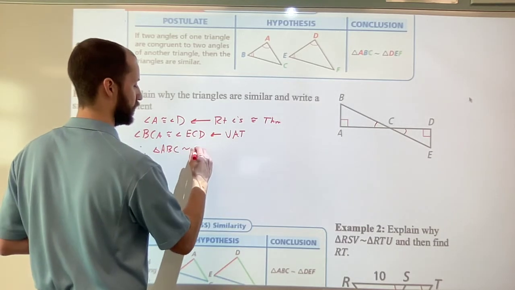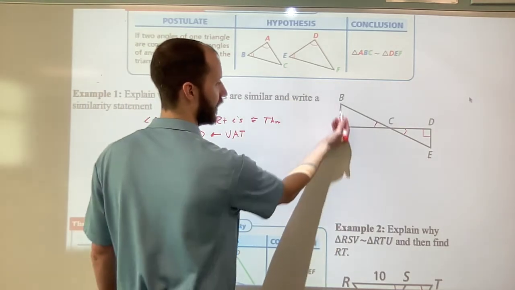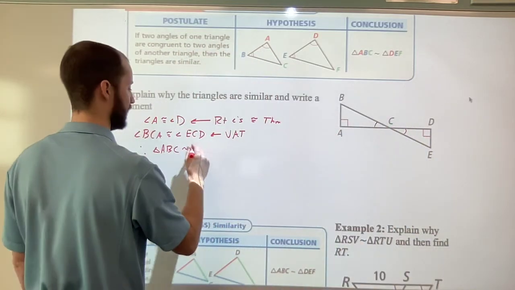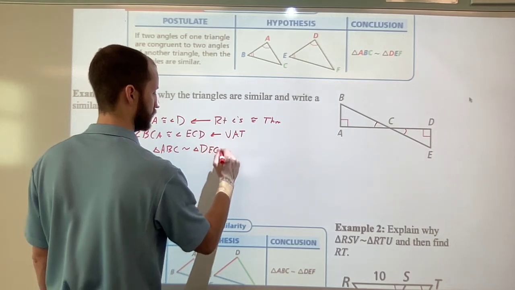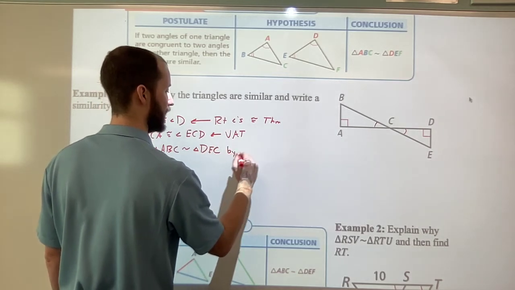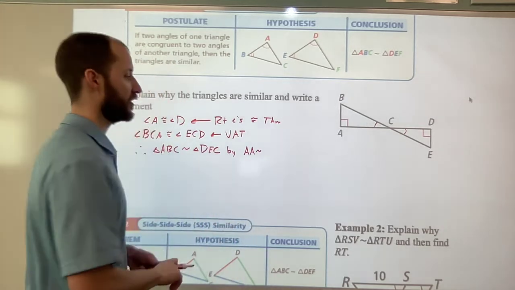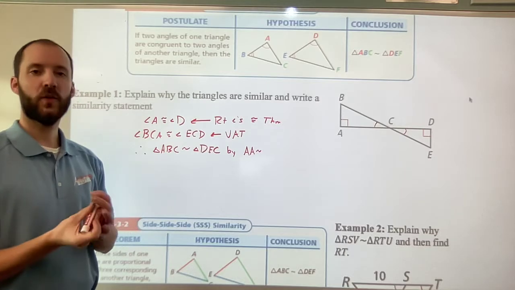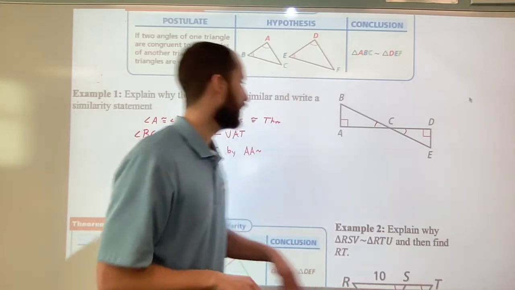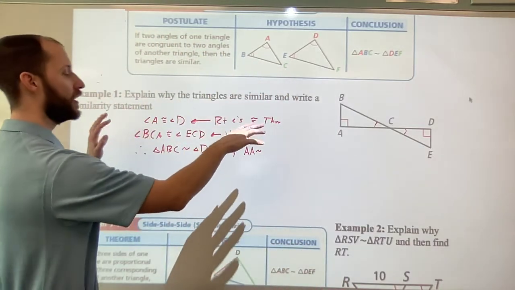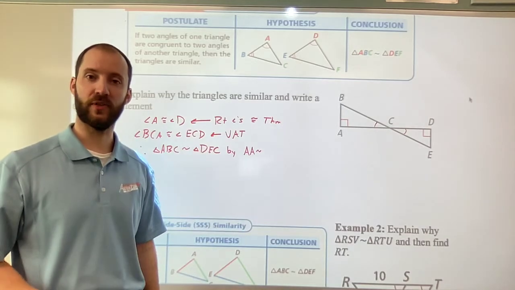Triangle ABC is similar to triangle DEC, keeping the right angle up. We can say that by angle similarity. So not writing a full-blown proof, but just showing how we could logically make the argument that these two are similar to each other.